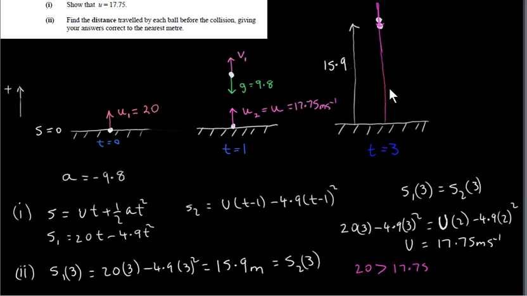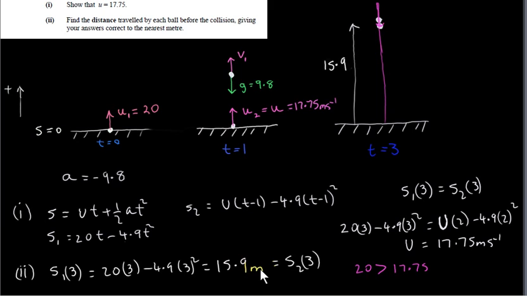The second ball could not have collided with the first ball before the first ball reached its maximum height, simply because the initial speed of the second ball, 17.75, is less than the initial speed of the first ball. So the second ball could never collide with the first ball when the first ball was on the way up. So the first ball was actually falling before the second ball collided with it.